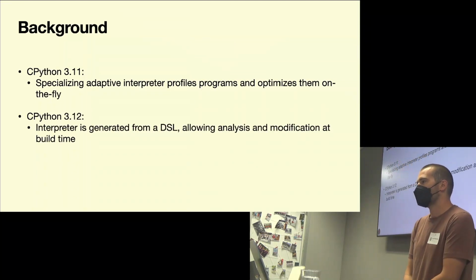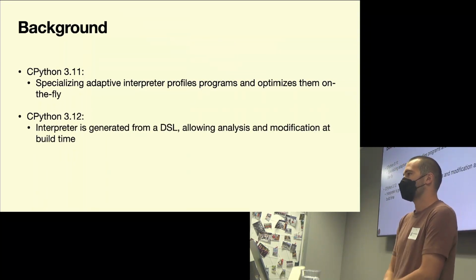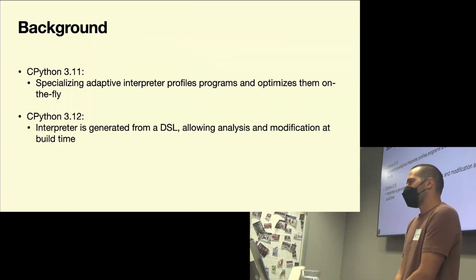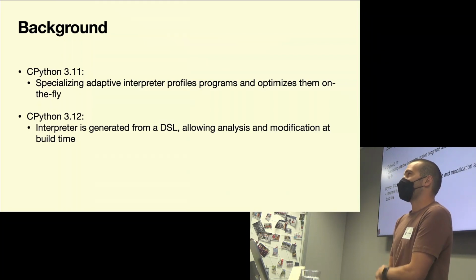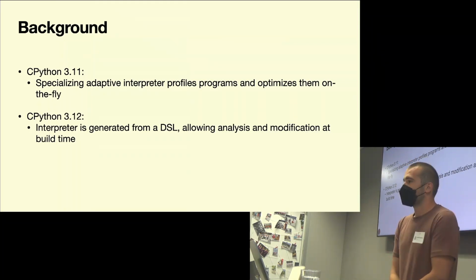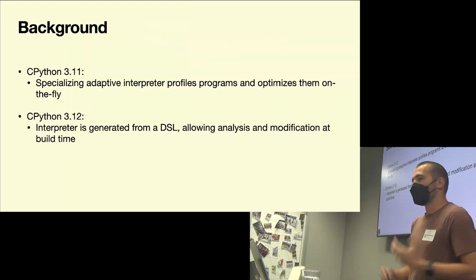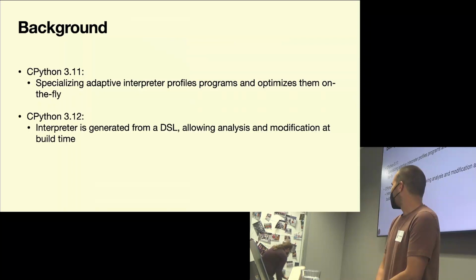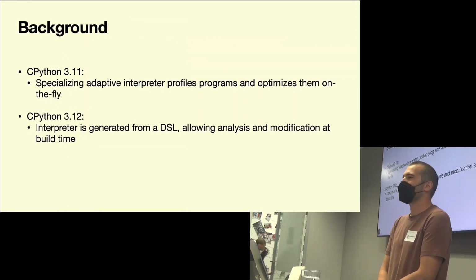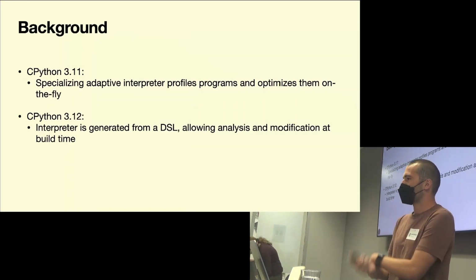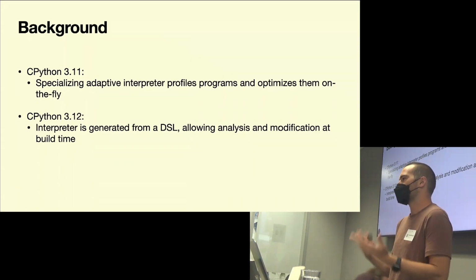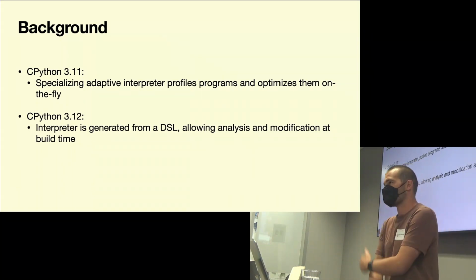In CPython 3.12, we got a nice quality of life improvement as maintainers. We started generating the interpreter cases, the main switch, from a domain-specific language. And this allowed us to analyze and modify parts of the interpreter at build time. This is really helpful for the people actually working on the bytecode because we can worry less about things like error handling, reference counts, adding counters and stats and all those sorts of things.